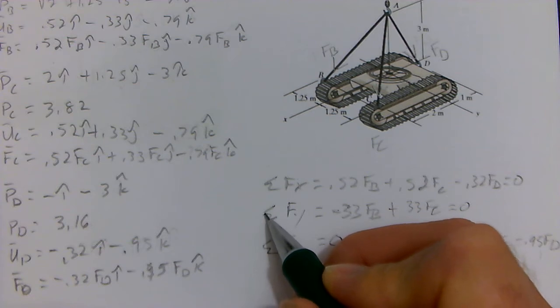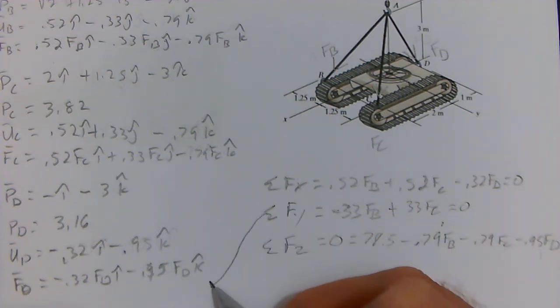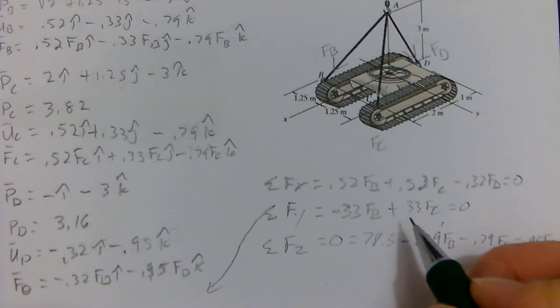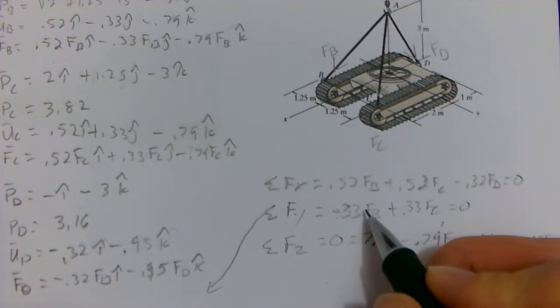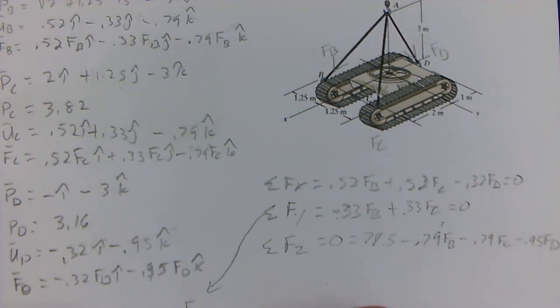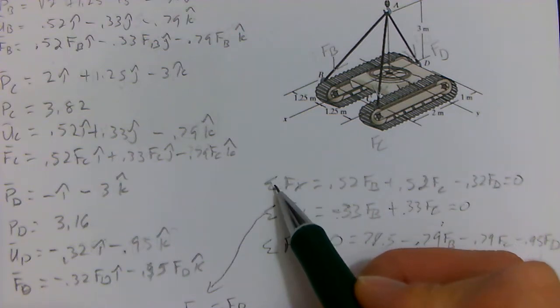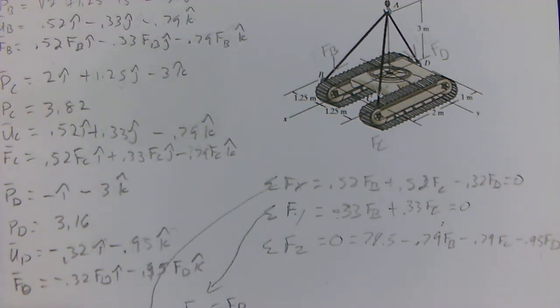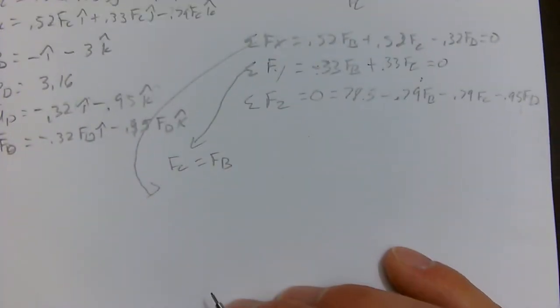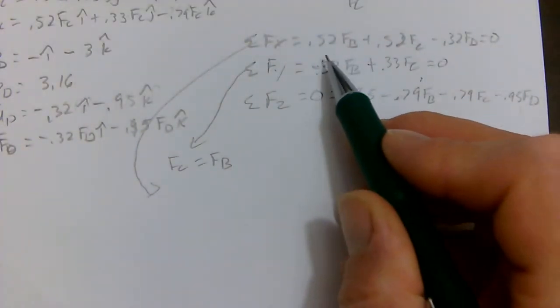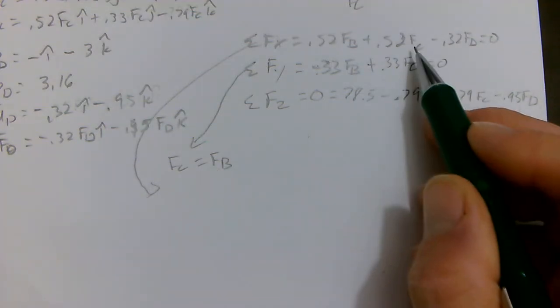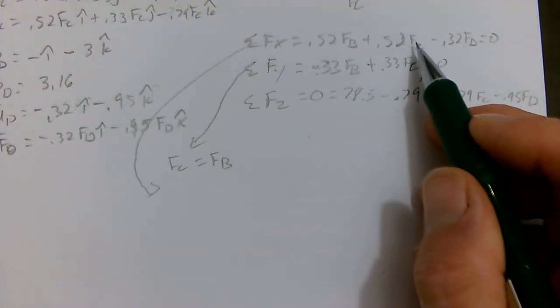By hand, I would start by using the middle equation. Right there, we can see that if we move FB to the side, FC is equal to FB. And then if we take the top equation, we can write this equation out, and for FC, I'm going to add in FB.